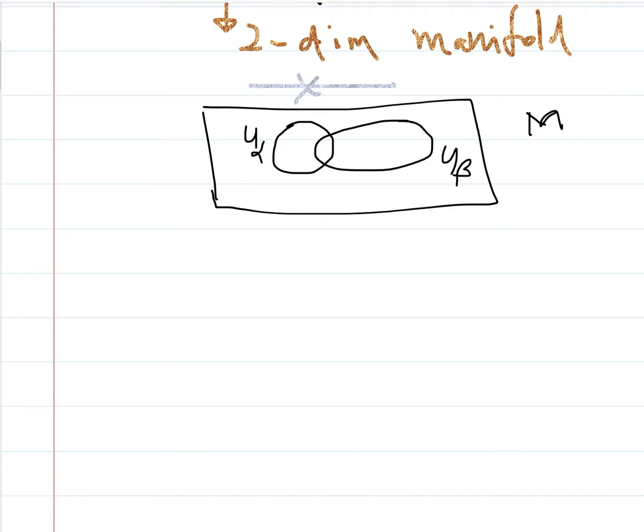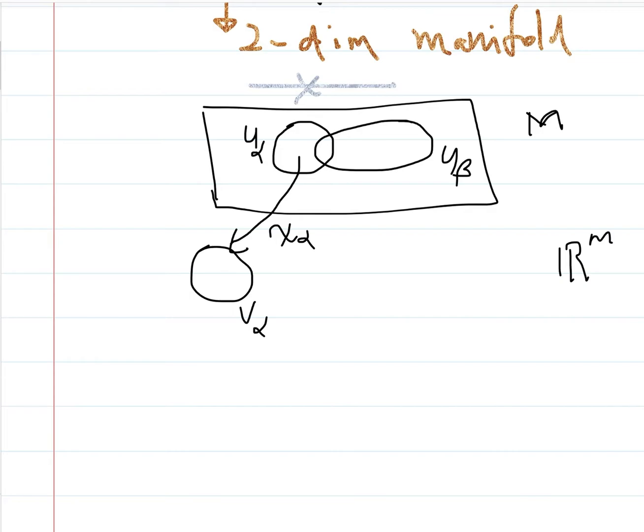What we're defining is a map, let's call this map Chi alpha, that maps this subset U alpha to a set V alpha, and V alpha is a subset of Rm.